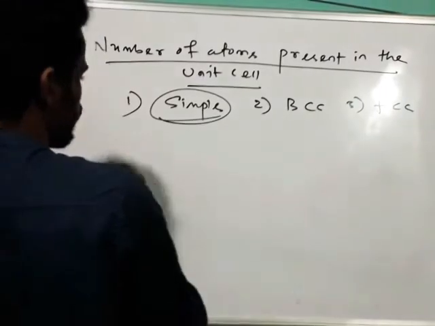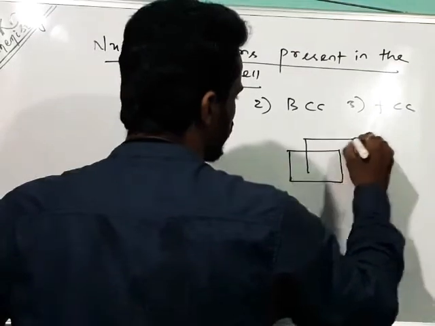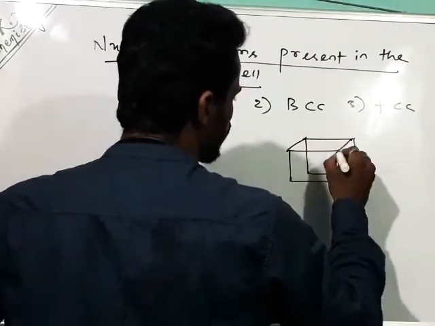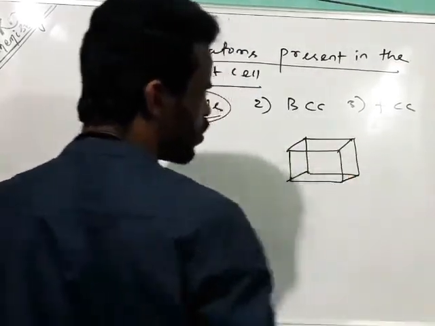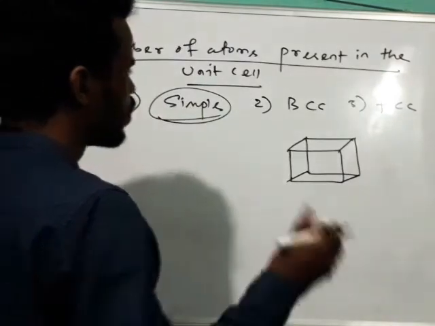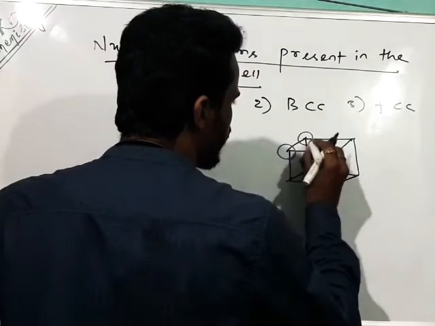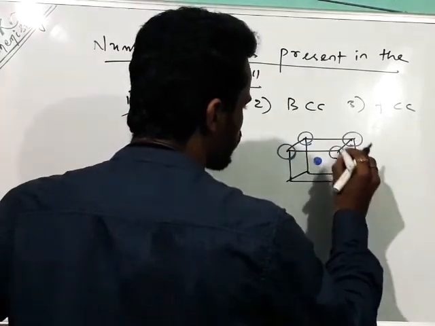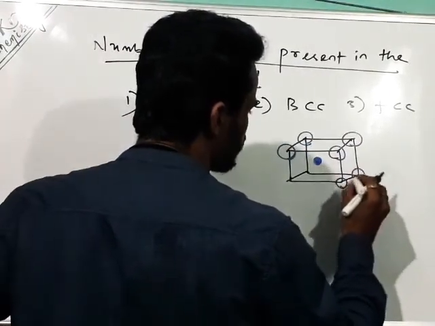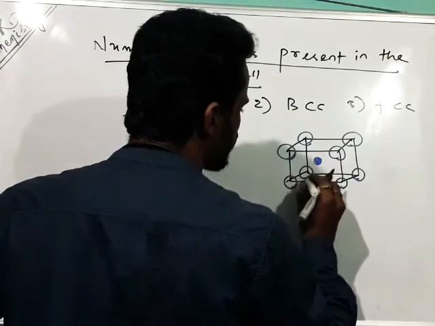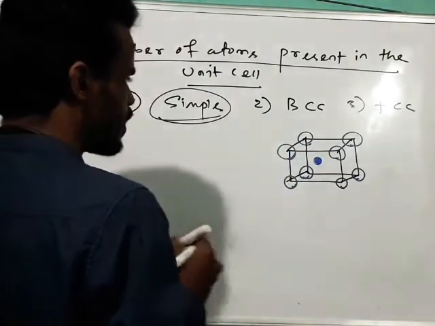As we know, in a simple cube, if one atom is present at the center, then this atom is surrounded by 8 spherical atoms.